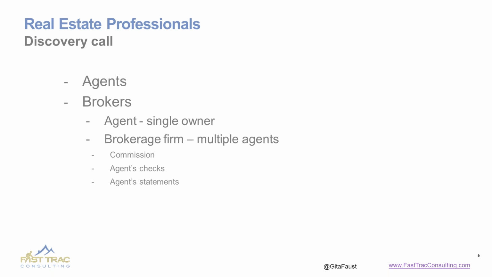If they have brokerage software, does it calculate the commission, agents' checks, and produce agent statements? If not, you need to replicate that within QuickBooks, and it would be double work if they are not able to sync the software as well.